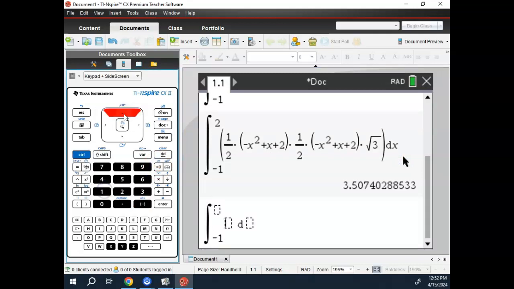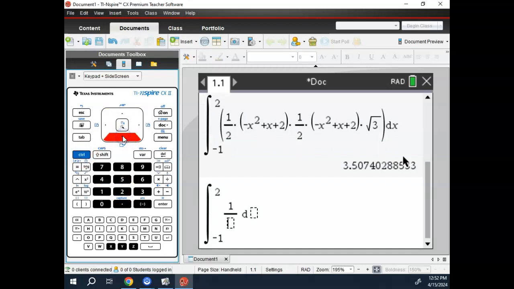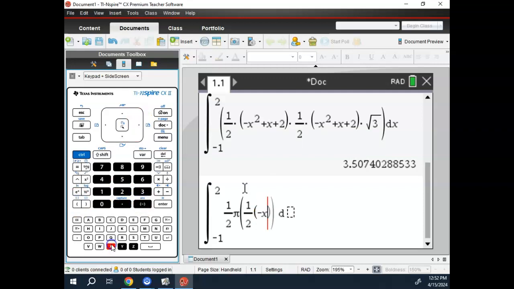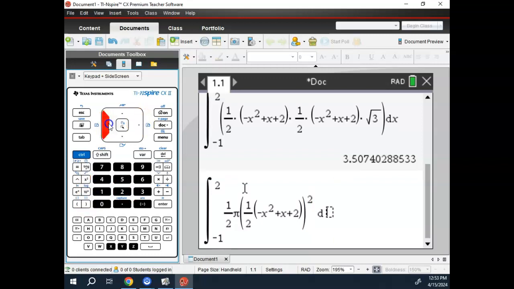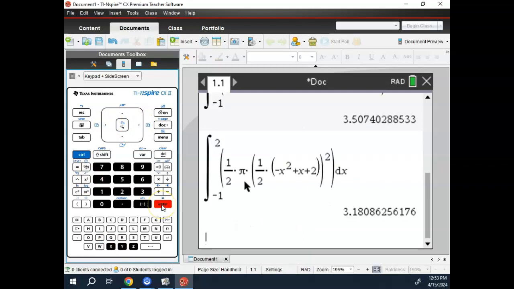Going from negative 1 to 2, 1/2 times pi times 1/2, open parentheses again, negative x squared plus x plus 2, and then close, close, squared, dx. 3.181.